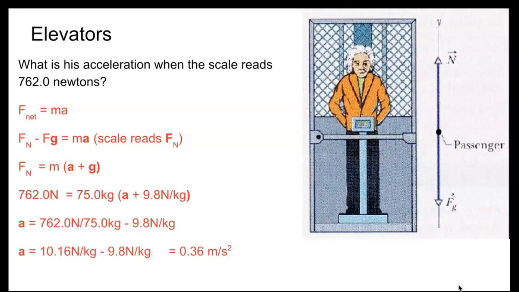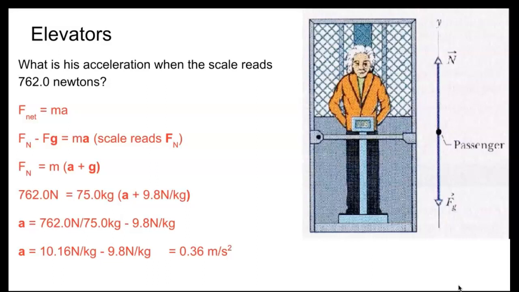I want to point out to you, the acceleration should come out to be positive if the scale reads more than it usually would. When you are standing on a scale in an elevator, it reads what your weight is, what the force of gravity is pulling down on you.